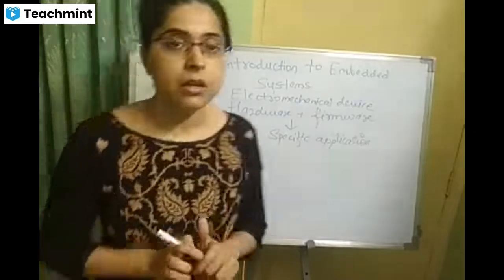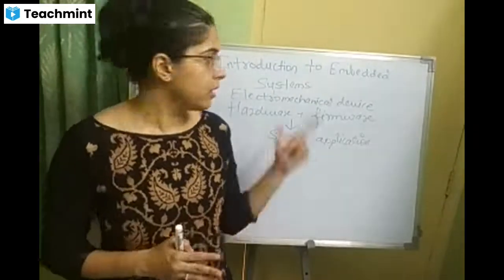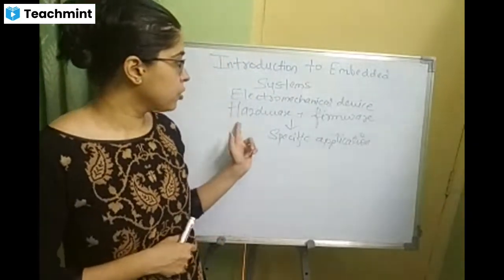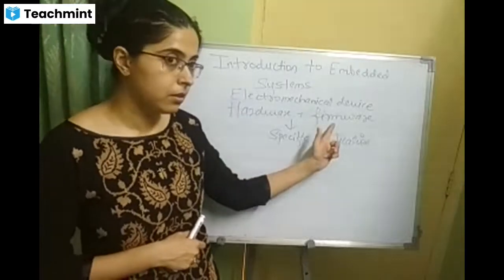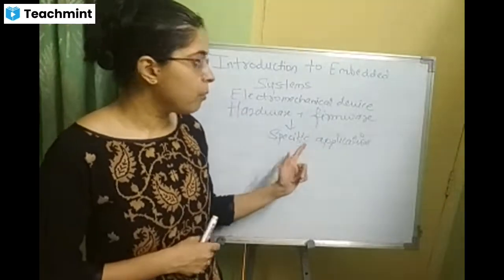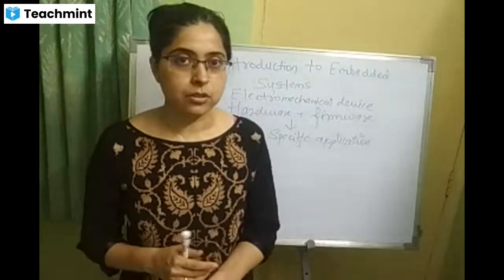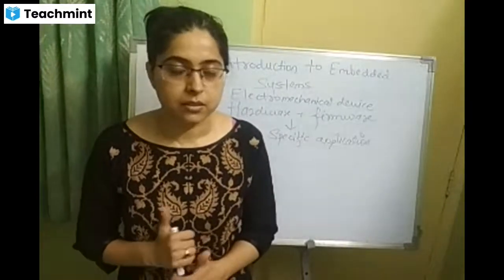So I repeat, an embedded system is an electromechanical device. It's a combination of hardware plus software, which is nothing but firmware, used to perform a specific application. They are application specific devices.